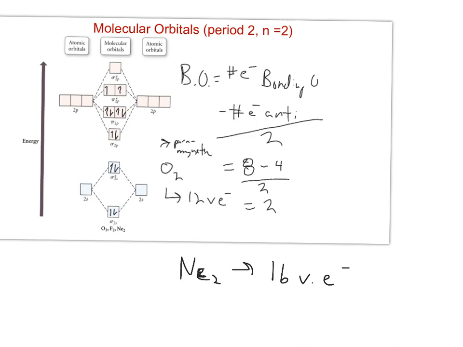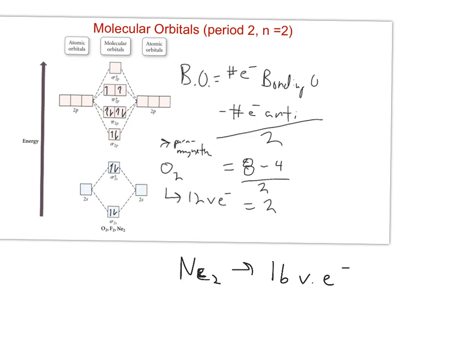And if you were to fill 1, 2, 3, 4, 5, 6, 7, 8, 9, 10, 11, 12, 13, 14, 15, 16, you would have an equal number of electrons in antibonding orbitals as bonding orbitals. 8 minus 8 would give you a bond order of 0.